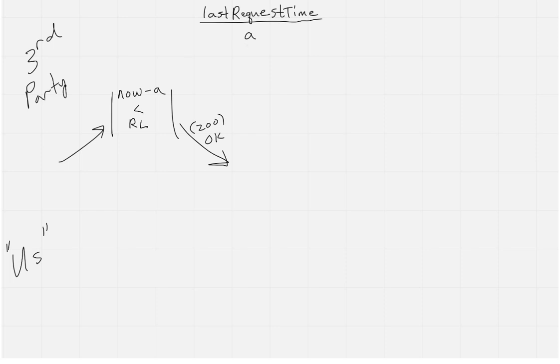A changes to B, so the third party can keep track of the last request time and has to update it for the next request, right? So on our side, we have this little period right here, which is our processing, right? Then we do a wait.